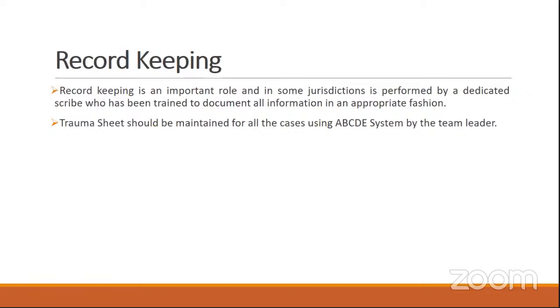Personal details of the patient, for example the hospital ID, name, age, ID marks, who has brought the patient to the hospital and their relationship, and if the patient is referred from another hospital, details of that hospital, are all maintained in the trauma sheet. This is the sole responsibility of the team leader.